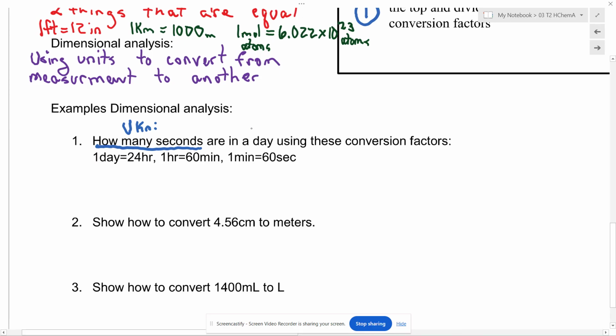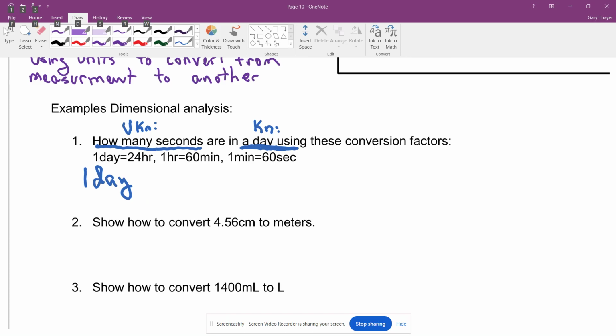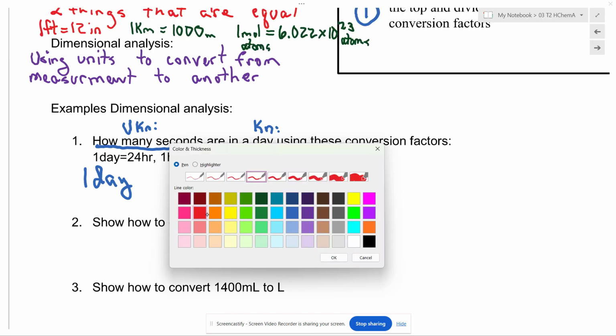And the thing I know in this problem that I'm starting with is a single day. How many seconds in a day? So I'm going to start with the unit 1 day. You always start with the known measurement in the problem.